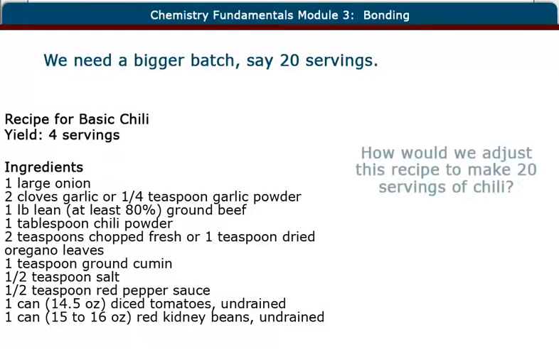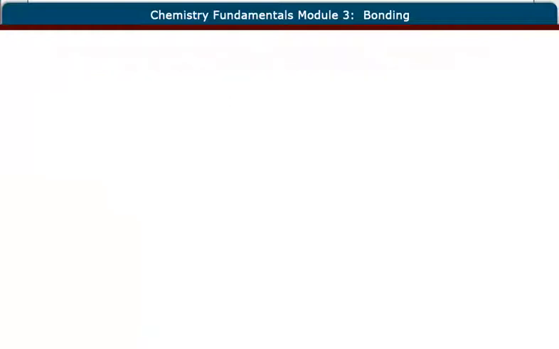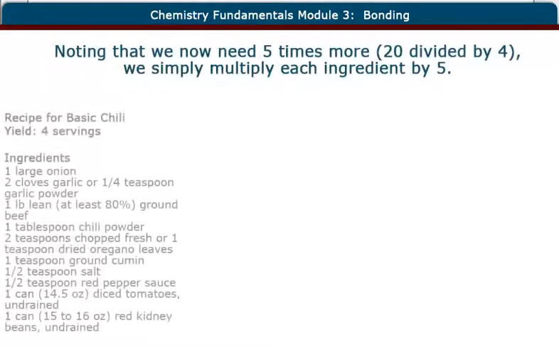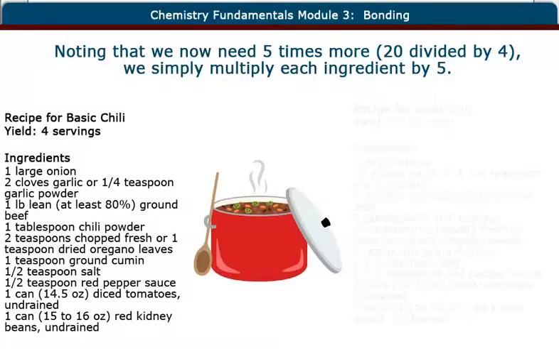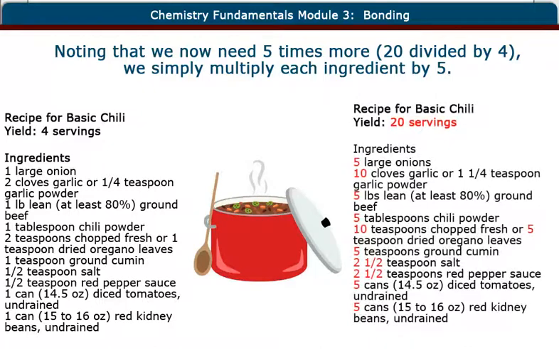How would we adjust this recipe to make 20 servings of chili? Since we need 5 times more than the recipe that yields only 4 servings, we simply multiply each ingredient by 5.